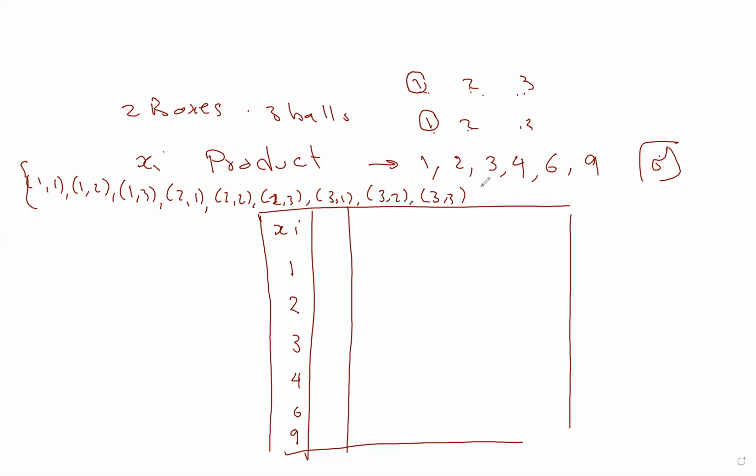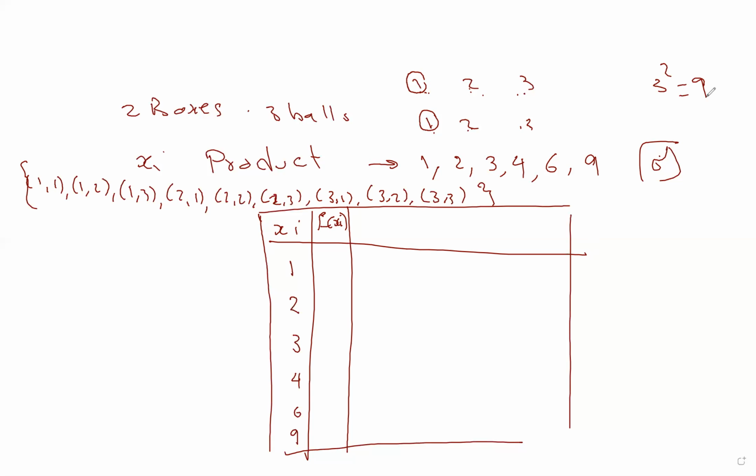So this is the sample space of this experiment. This is xi, and the probability is represented by a function, f of xi. So the total number of events will be 3 times 3, which is 3 squared, 9. So we have 9 elements.